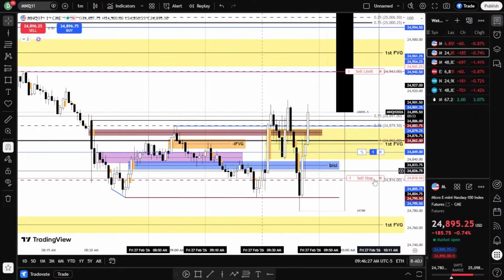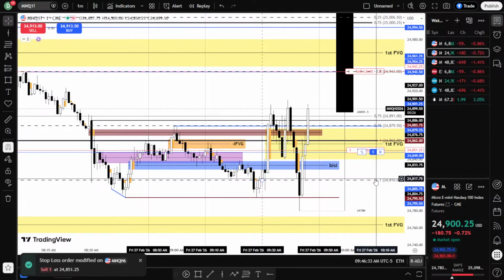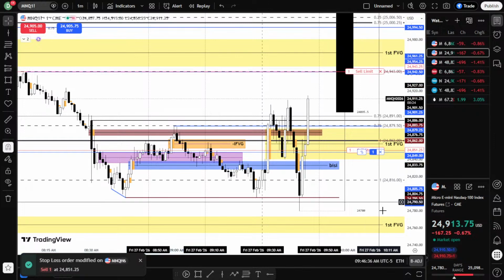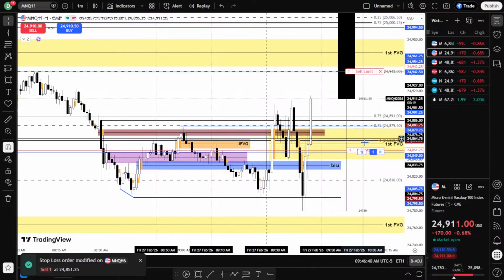This is the draw I am looking for, but now I am removing the risk from the trade completely. This is the draw to look for.